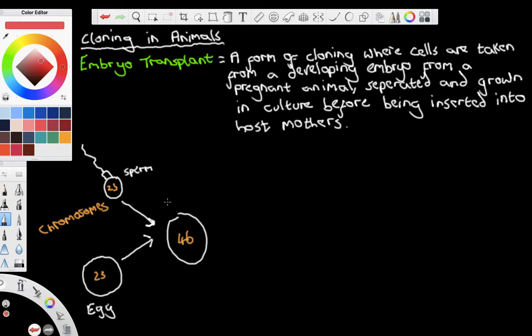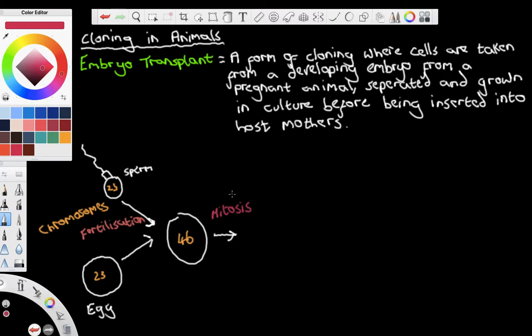Again, this is due to fertilization. I don't know where I'm going to write that. I'll put it there. Fertilization. Okay. Through a process of mitosis, this will then divide into 2 cells, which will then divide into 4, which will then divide into 8, and so on and so forth.